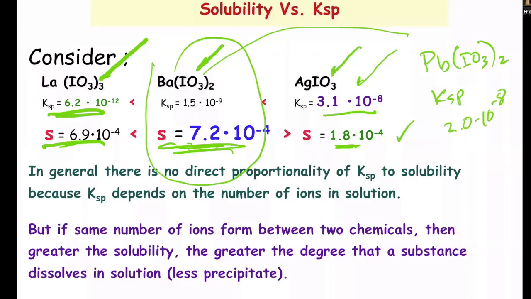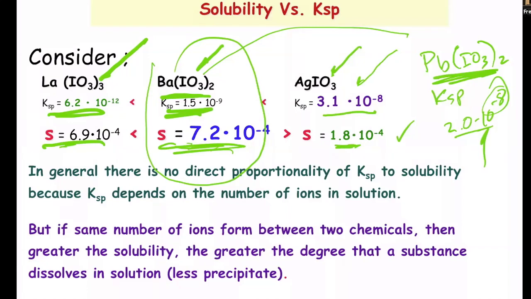Well, you can compare that readily with this. Why? Because this thing forms 3, this thing forms 3. The math is the same, and so when you work out the S, it is going to be bigger for this number right here, because that's going to be a bigger KSP. So you can take a shortcut if you understand the chemistry that's going on.